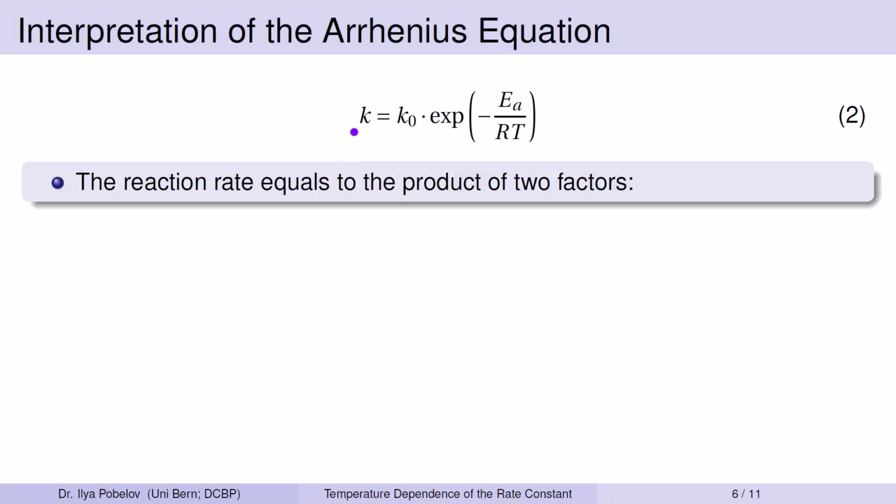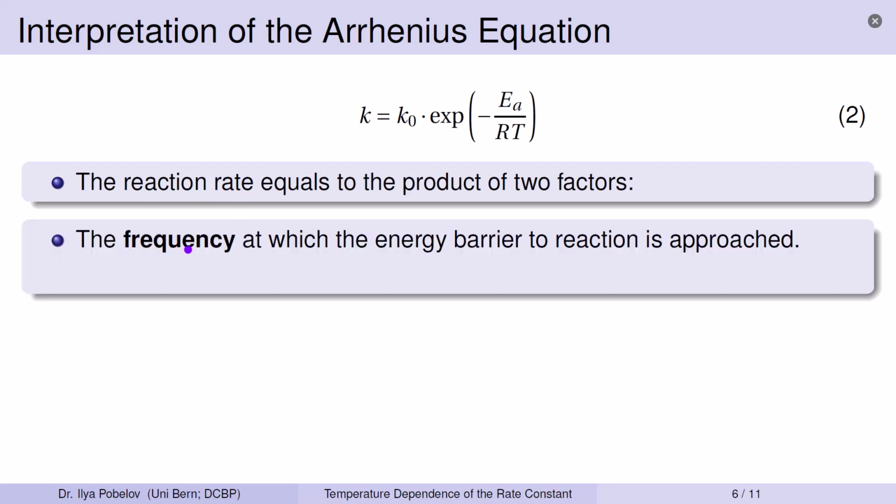The Arrhenius equation can be interpreted as stating that the reaction rate equals the product of two factors. The first is the frequency at which the energy barrier to reaction is approached. It is given by the pre-exponential factor.